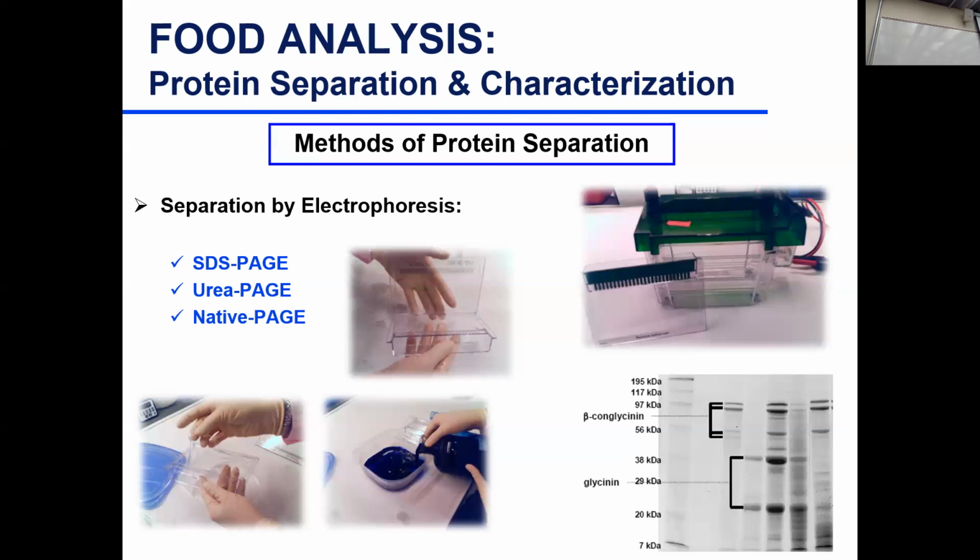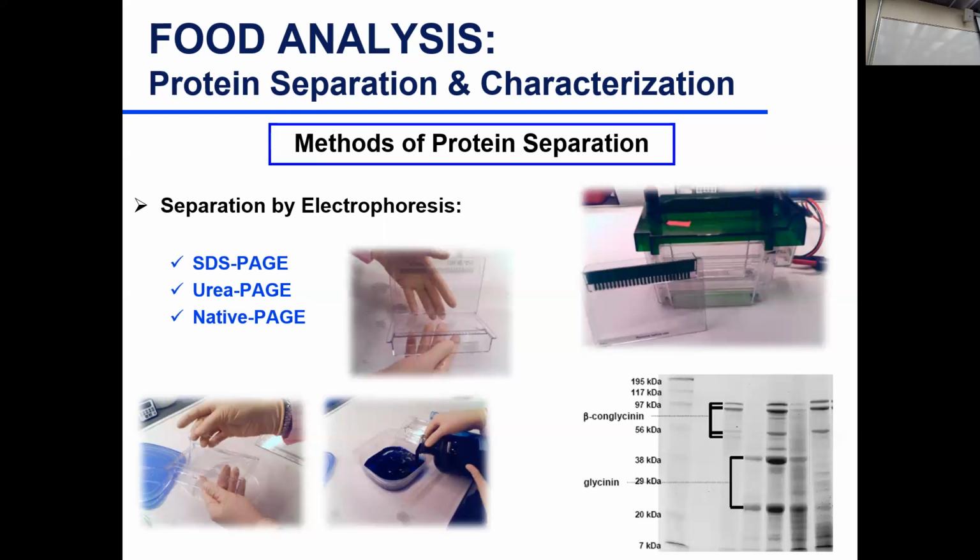Your bare hands have protein, so if you don't use gloves, you get a phantom band coming from your hand. You remove the comb and use your pipette to load certain microliters of your sample in each well. Then you put the lid on, connect it to a voltage source, and run a current.